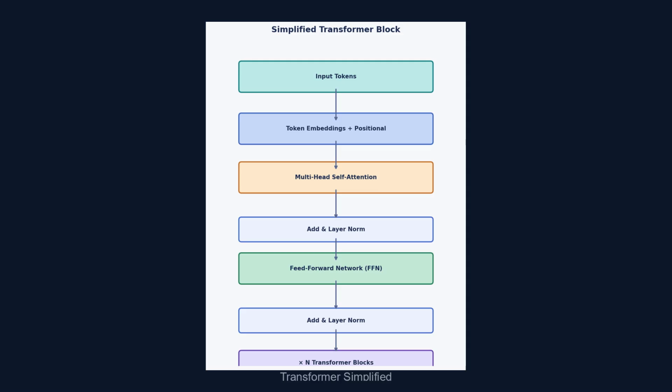The output gets added back to the input and normalized, then passes through a feed-forward network that captures more complex patterns. Another add and normalize step follows, and then this entire block repeats, sometimes dozens of times. Each layer refines the representation. Understanding this structure matters for fine-tuning because when you use LoRA, you'll be targeting specific layers within this architecture. Knowing what those layers do helps you make better decisions about where to apply your training.